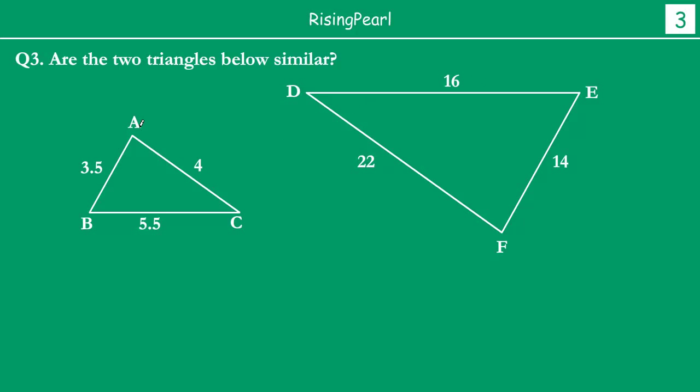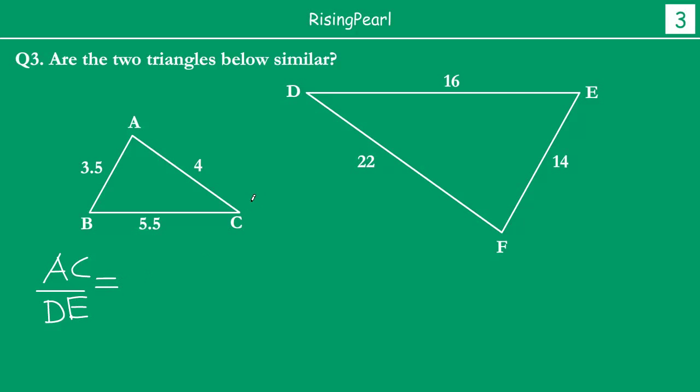If I were to write AC by DE, it will be 1:4, right? Similarly, if we were to do BC by DF, I think that will be 1:4 too. So let's write it this way. So AC, and friends, this is where it is a little bit challenging for us to see which side corresponds to which side. So AC by DE.